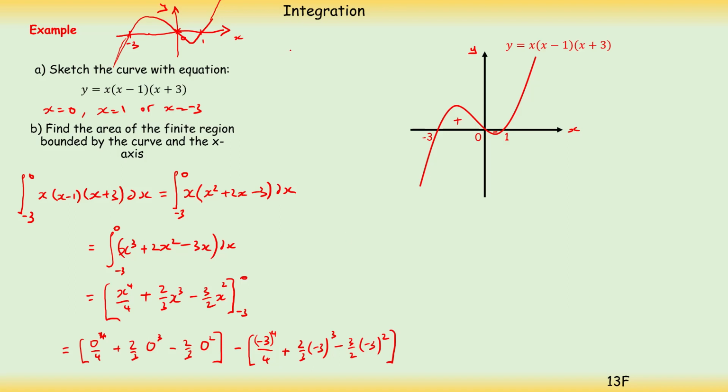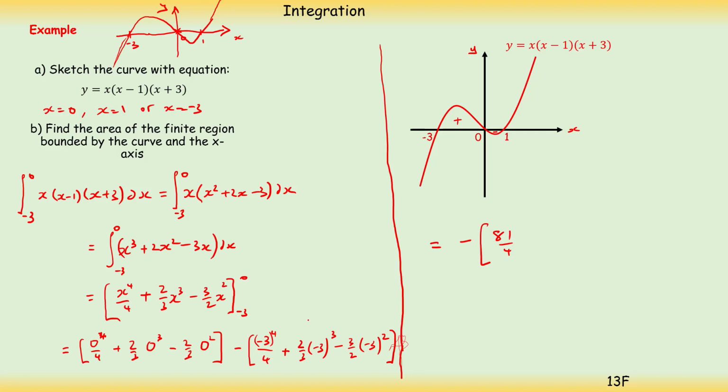So if I just partition this here, I can carry on. That's going to give me 81 over 4.